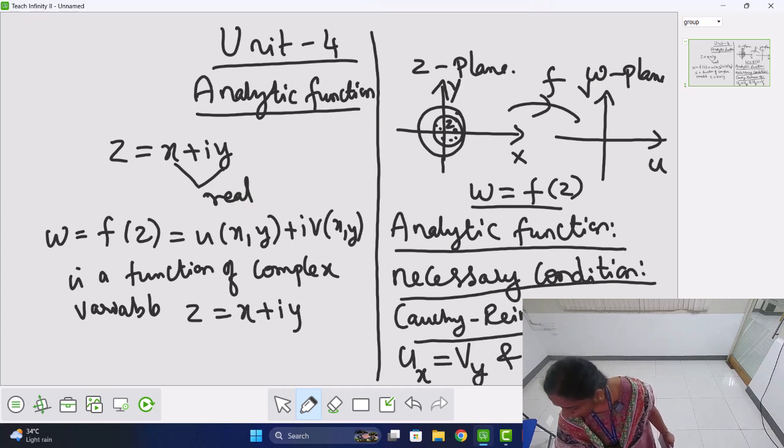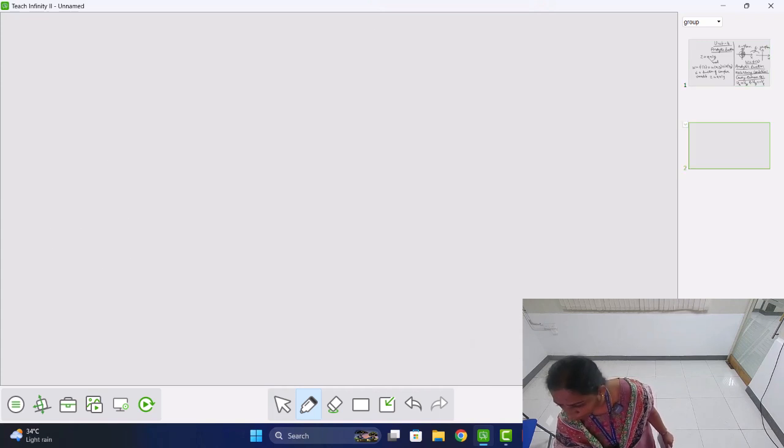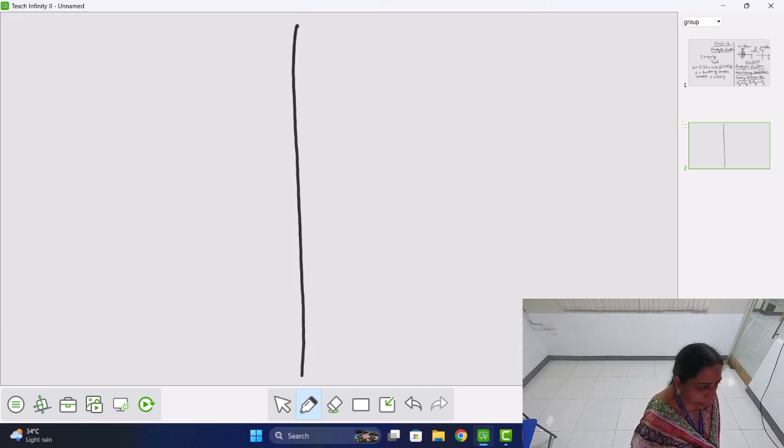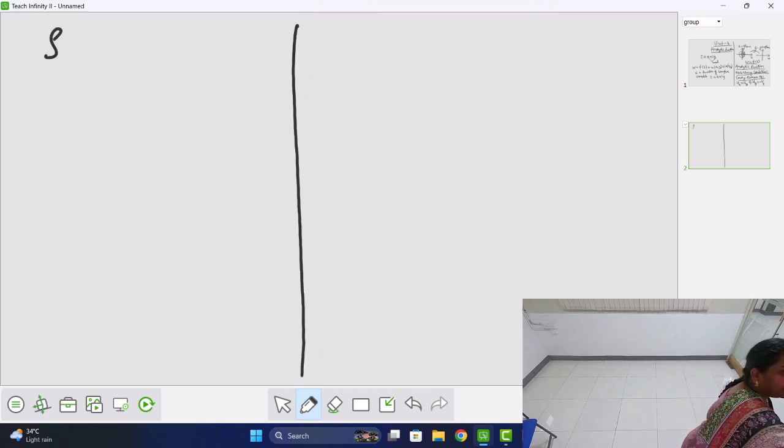Okay, I told you the necessary condition. What about the sufficient condition? For everything, necessary and sufficient conditions are available.